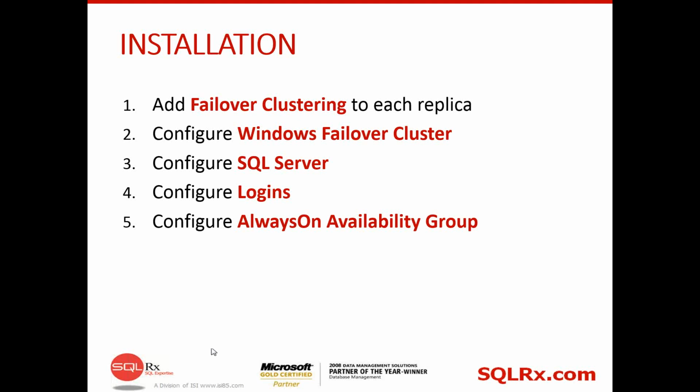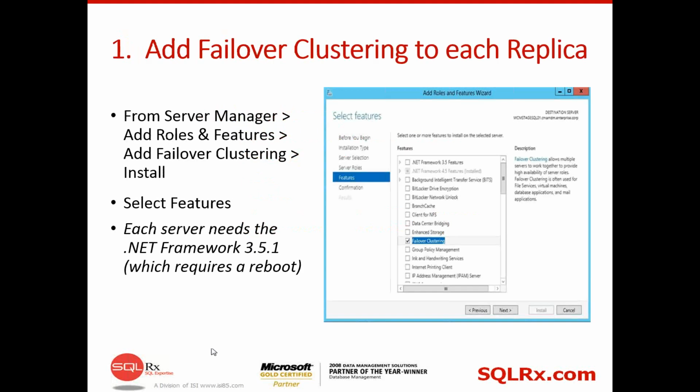So first step, add failover clustering to each replica. On each machine, you need to open Server Manager, add roles and features, add failover clustering, and then click Install to get the wizard started.